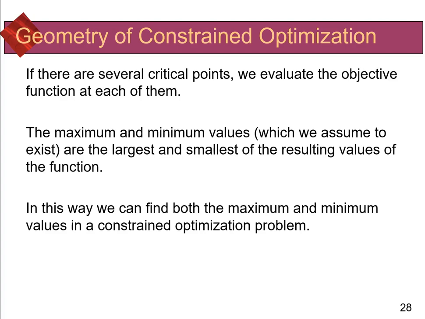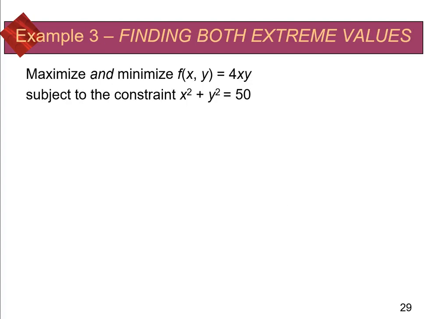So for example 3 here, we're looking to maximize and minimize f of x, y, subject to the constraint x squared plus y squared equals 50. So again, this is going to be my objective function f of x, y.